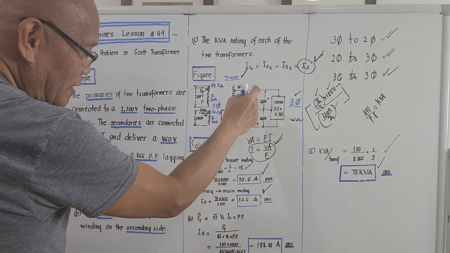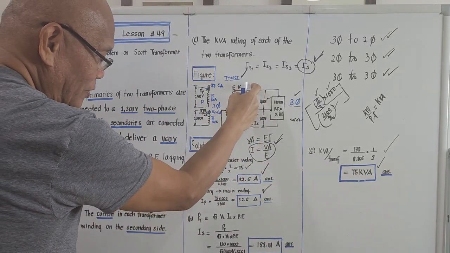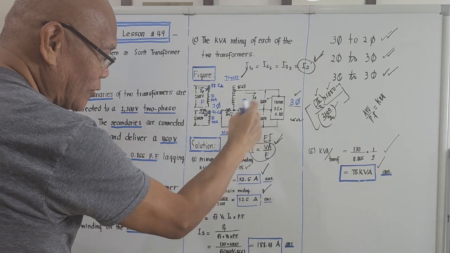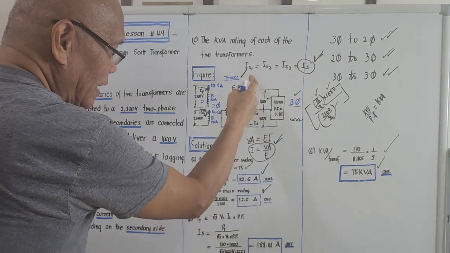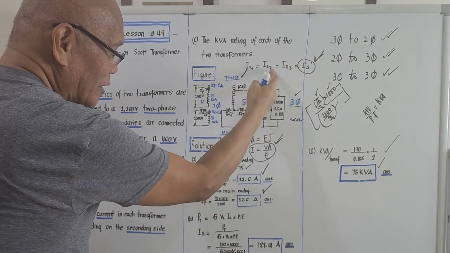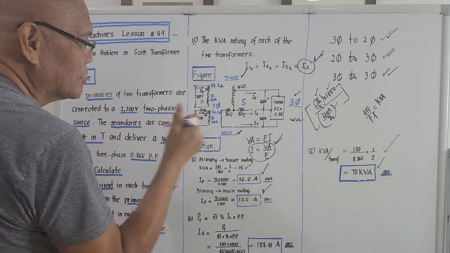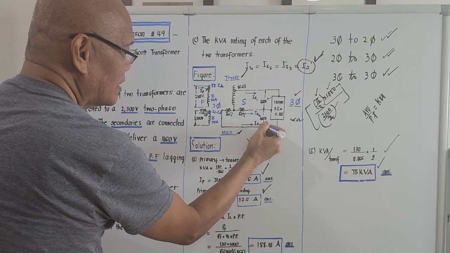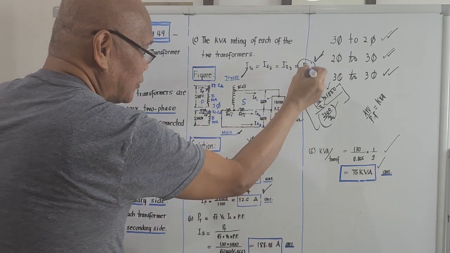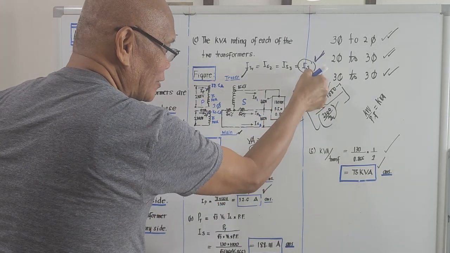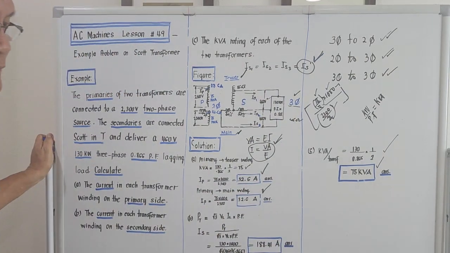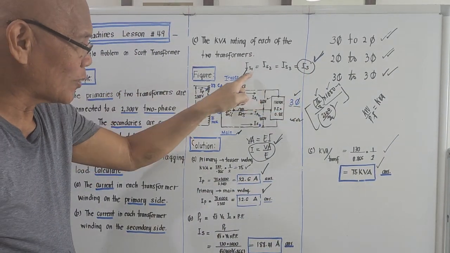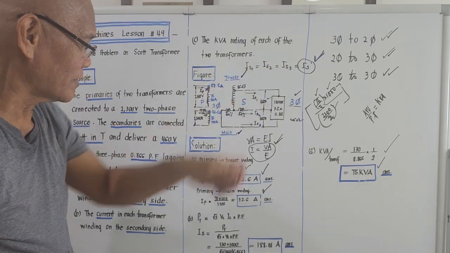It's balanced. The currents going out to line number 1, line number 2, and line number 3 are all the same. Like what I said, IS1 will be equal to IS2 equal to IS3. This is IS sub 1, this is IS sub 2, this is IS sub 3. And I put that as just simply IS without any subscript. The subscript is just S, no more 1, 2, 3 because they are all equal, right?